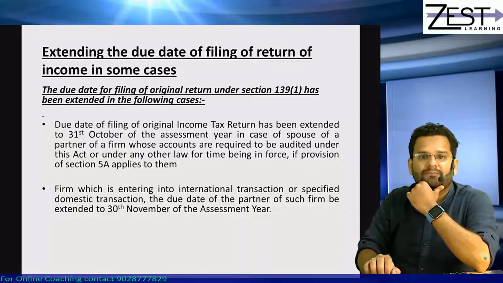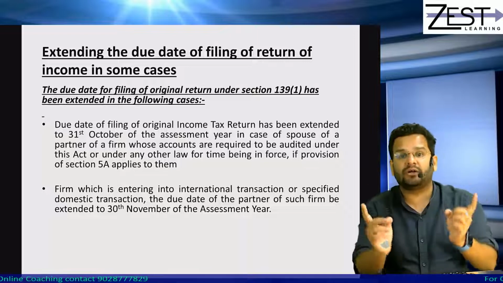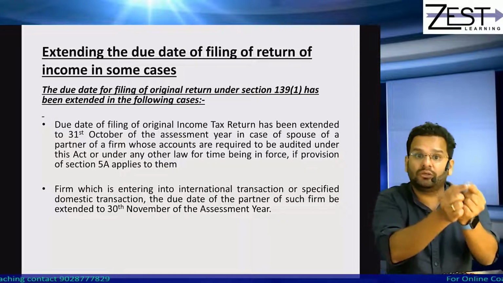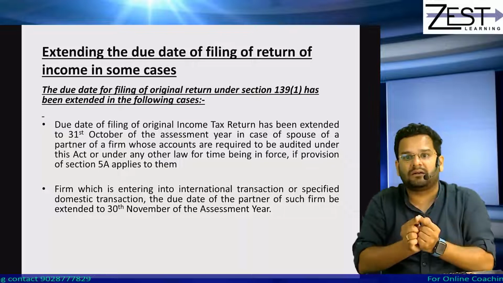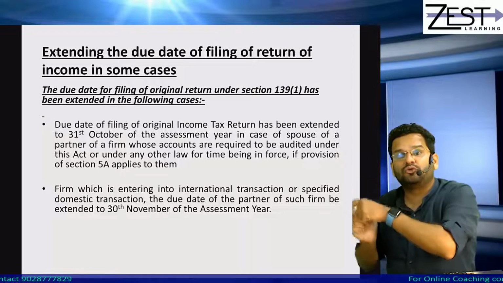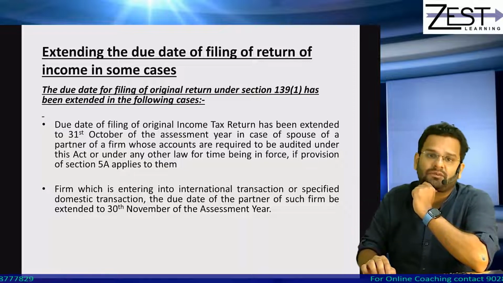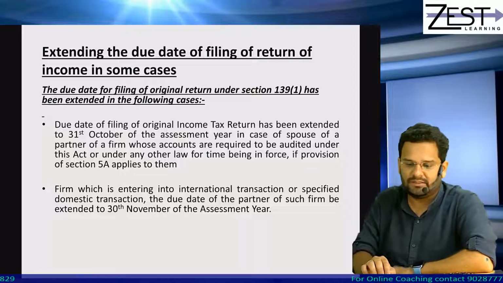Getting it? So this way the due date of filing income tax return for not only the firm but its working partner and the spouse of that working partner, for all of them it has become 31st October. Clear?